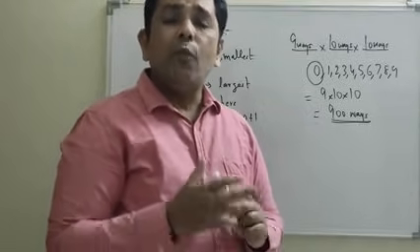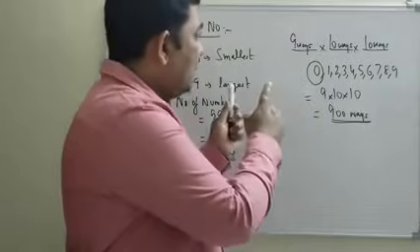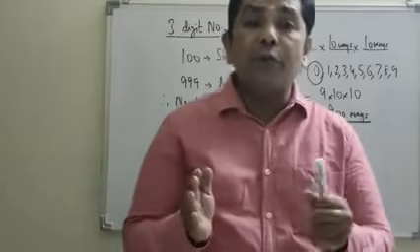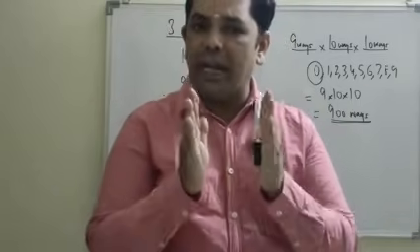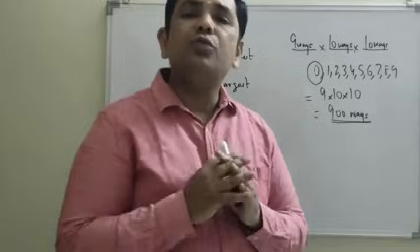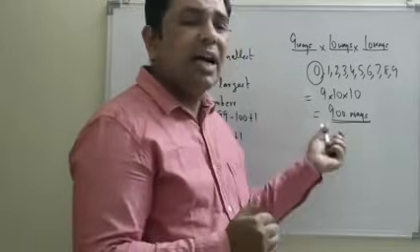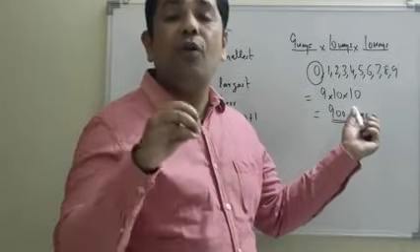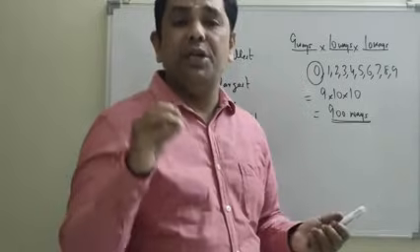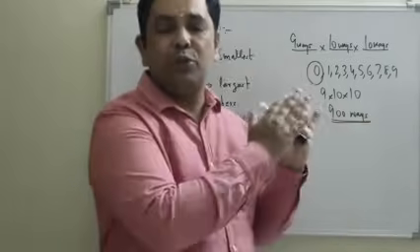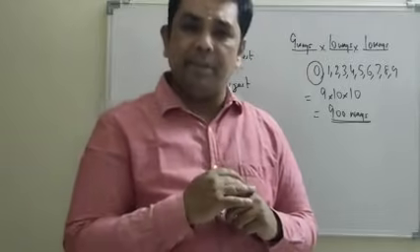Now when we talk about application of this concept, from the point of view of competitive exams or placement papers, this becomes very important, because very frequently you will be asked questions that are to be solved using the concept of formation of numbers using digits, and that is where all of us have to be absolutely thorough with this concept.